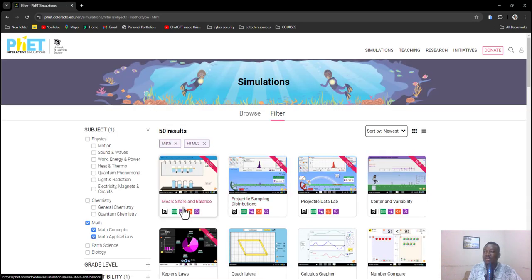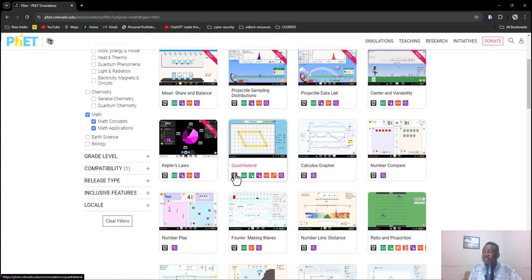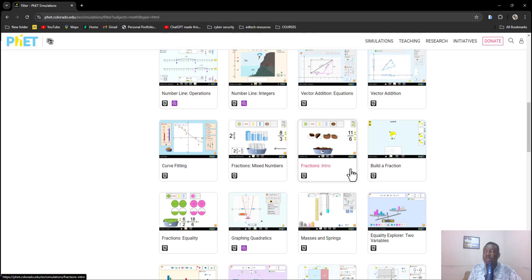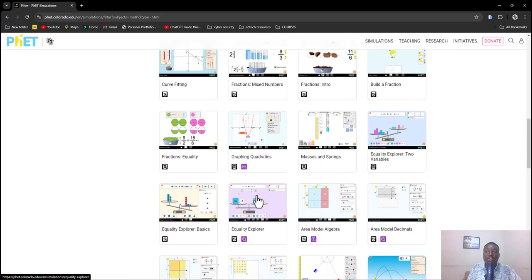Yes, so in mathematics, we have mean, share and balance, projectile sampling, quadrilateral, calculus grapher, number pair. Some of these simulations, even build a fraction, can be used in the lower grades or lower primary, and a whole lot.